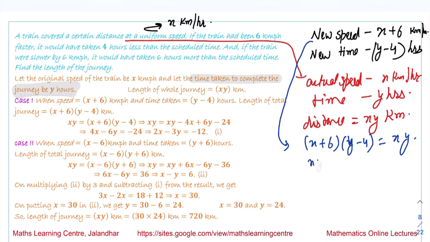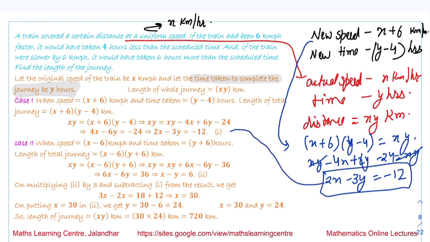So we have xy minus 4x plus 6y minus 24 is equal to xy. So what we get is that 2x minus 3y is equal to minus 12. So this is our first equation, that is 2x minus 3y is equal to minus 12.